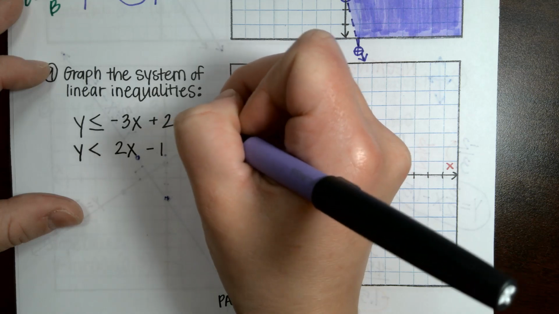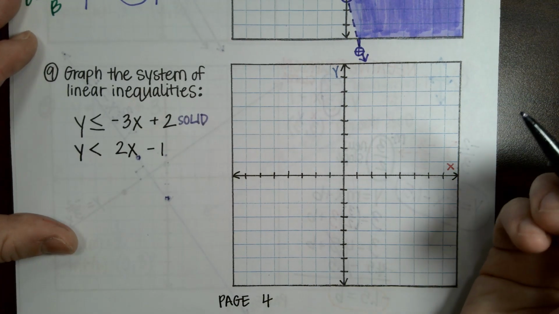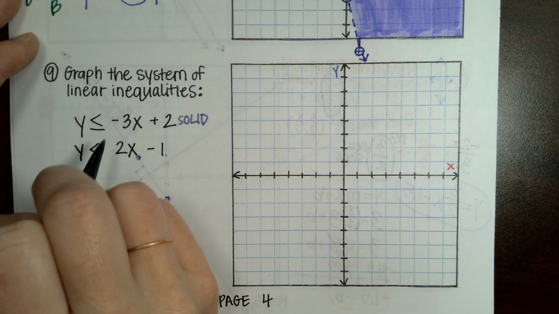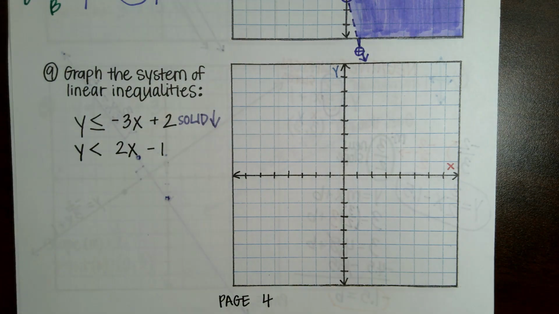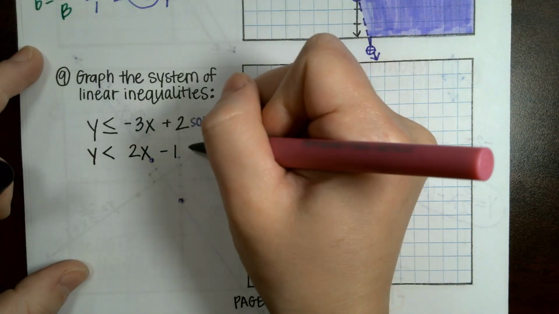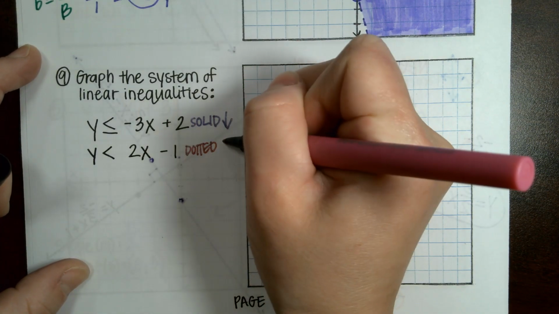So I'm just going to write next to it, solid. And am I going to shade up or down? I've got y is less than, so down. So I'm going to write solid and down, just so I have a little key next to it. And what about the second one? Is this dotted or solid? Dotted. Shade up or down? Down. Good.